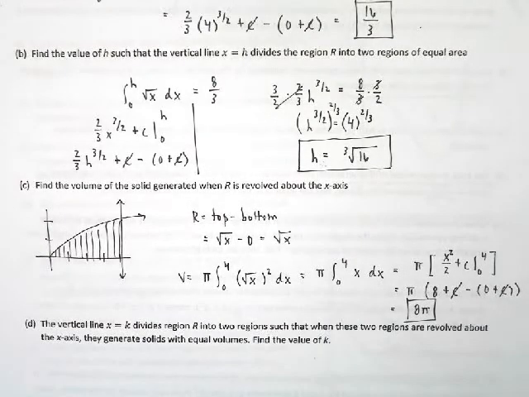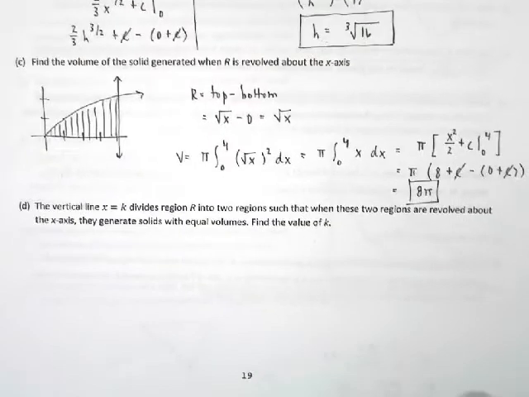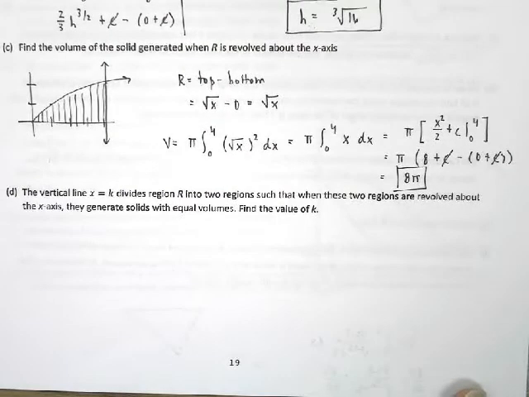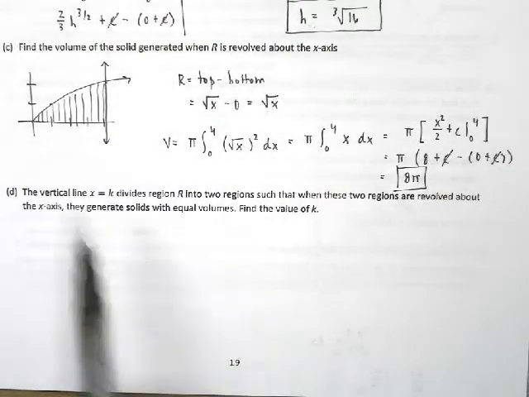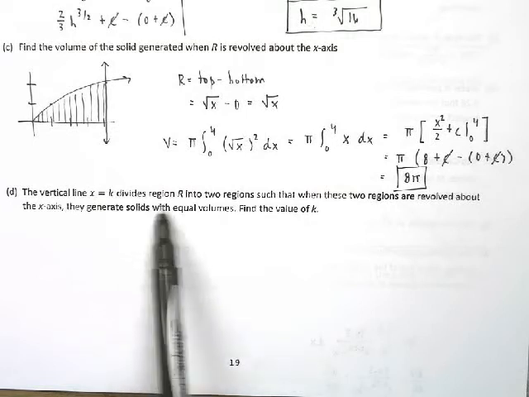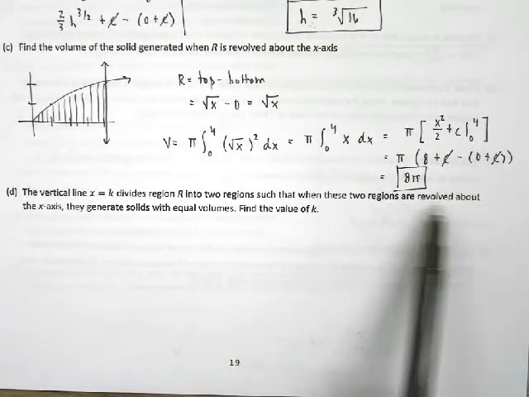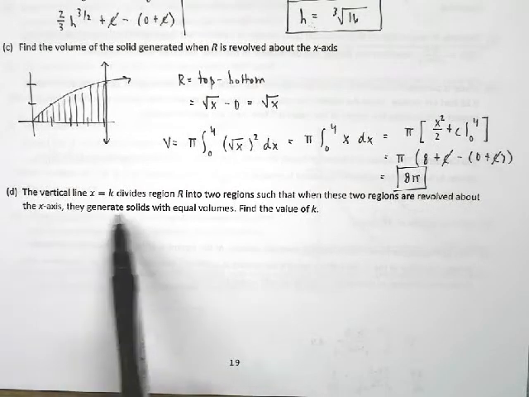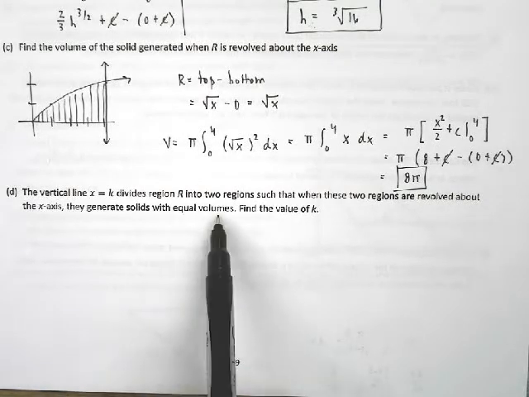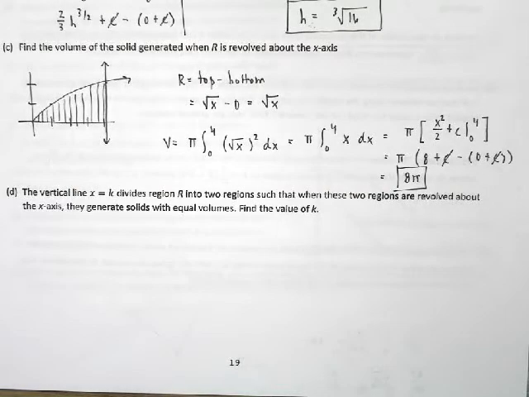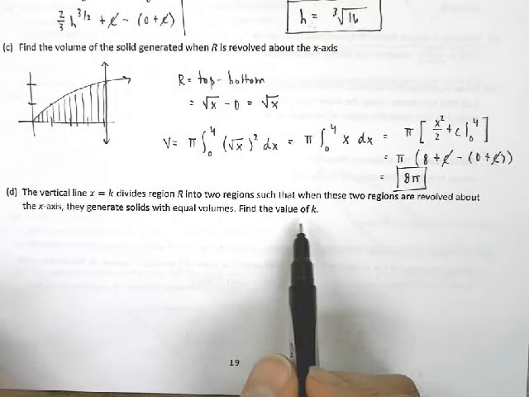All right, then the last piece here, similar to what we did above with the area, but now we're talking about the volume. Okay, it says the vertical line x equals k divides region R into 2 regions such that when these 2 regions are revolved about the x-axis, they generate solids with equal volumes. So find the value of k. So same idea here.